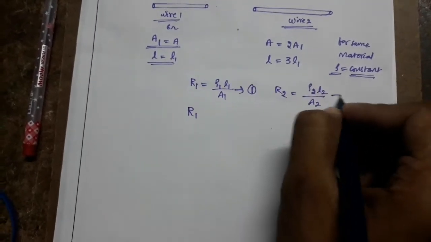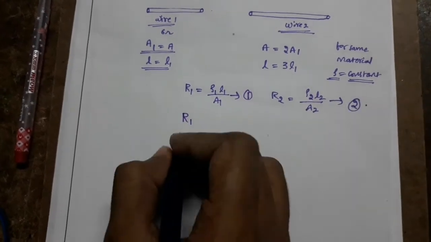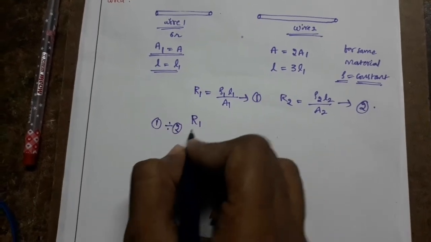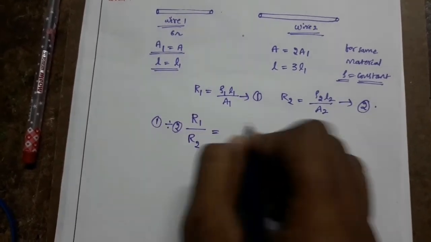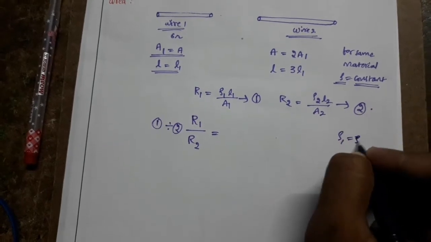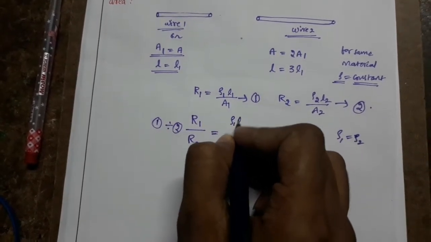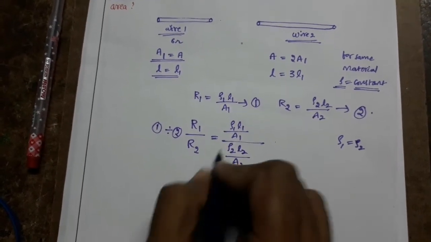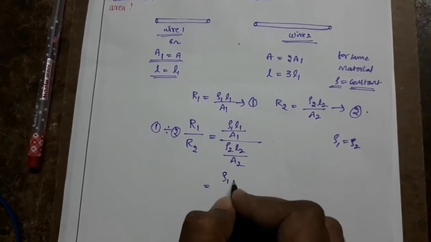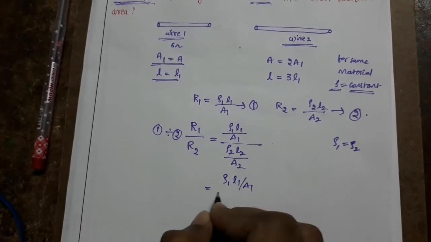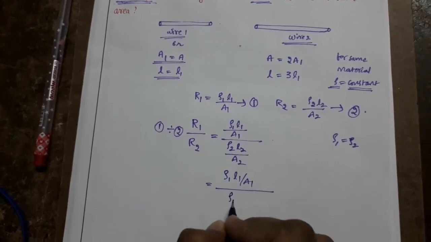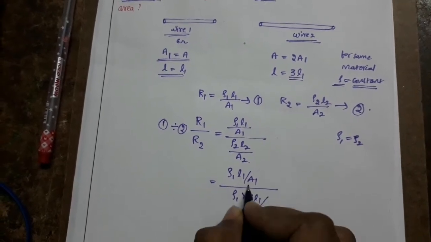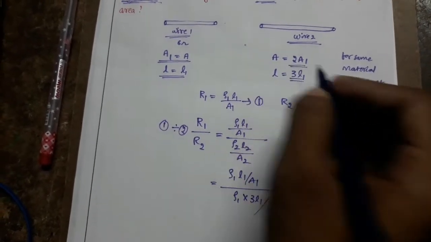I am taking this as equation 1 and this as equation 2, and dividing equation 1 by 2. So, R1 by R2 equal to rho 1 L1 by A1 divided by rho 2 L2 by A2, where rho 1 equals rho 2, L2 equal to 3 times L1, and A2 equal to 2 times A1.